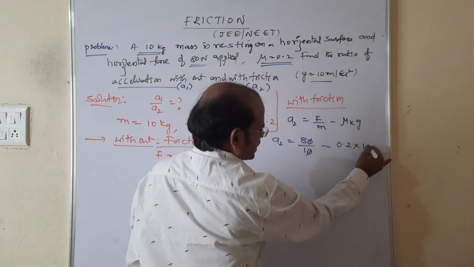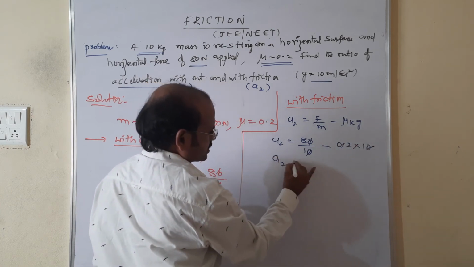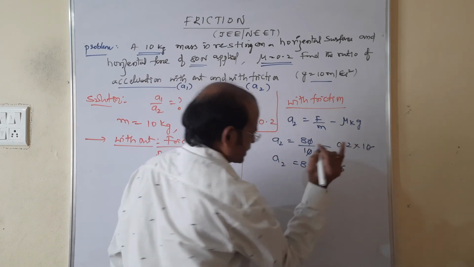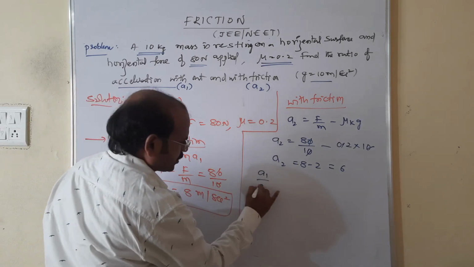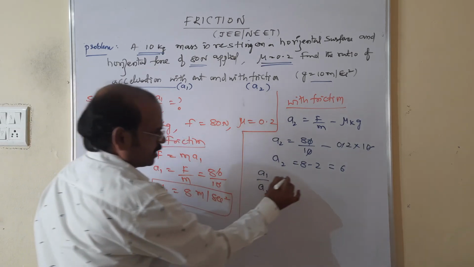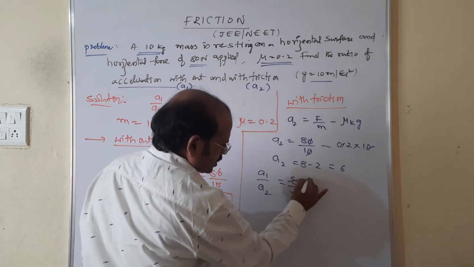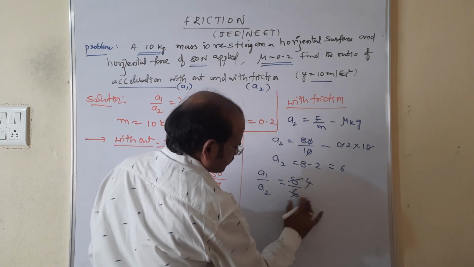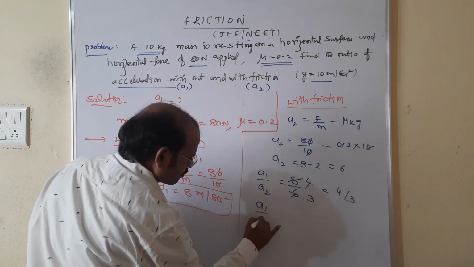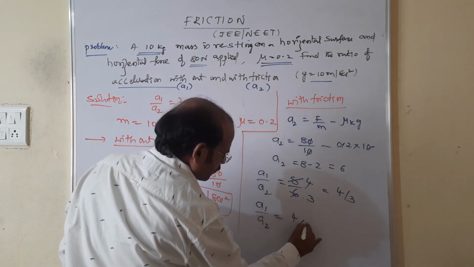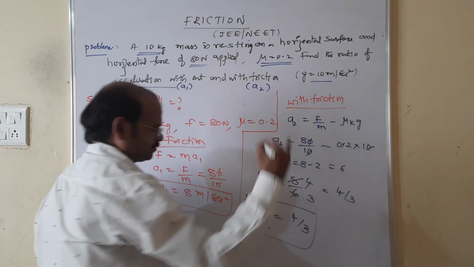So A2 is equal to 8 minus 2, which is 6. Now the ratio A1 by A2 is 8 by 6. Cancelling by 2, A1 by A2 is equal to 4 by 3, which is our answer.